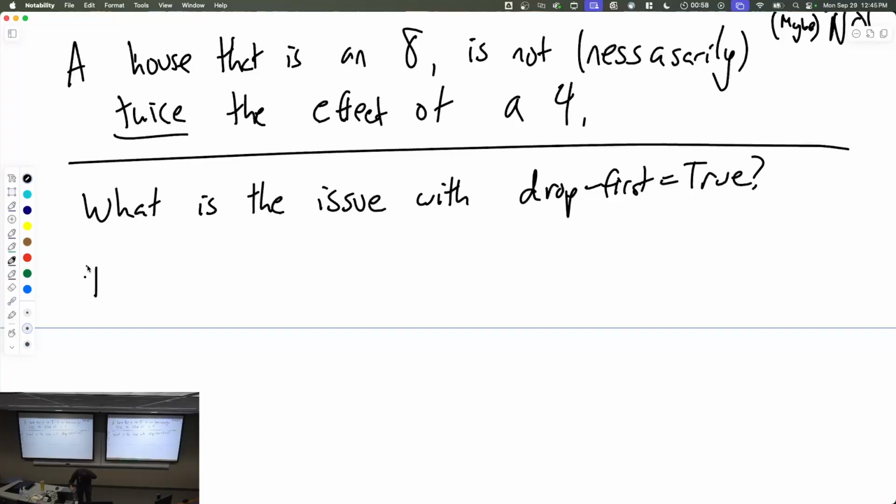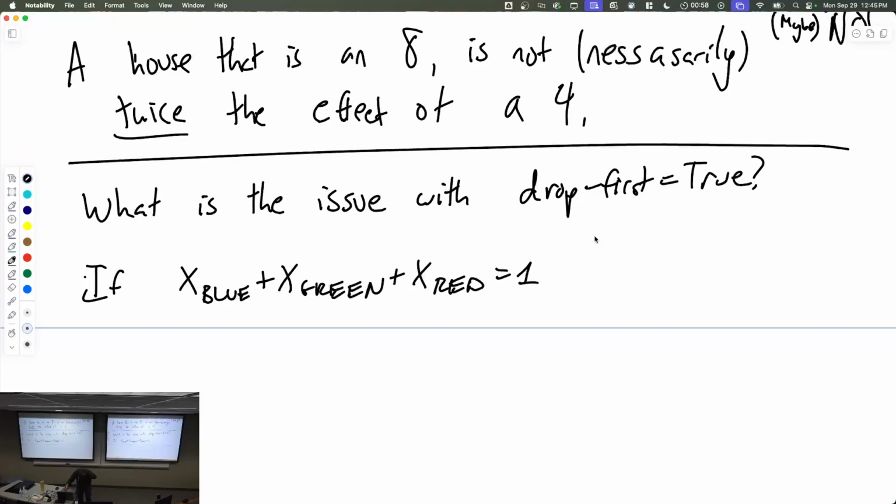Let's say it this way. If x blue plus x green plus x red equals 1, then the two models with or without are equivalent.